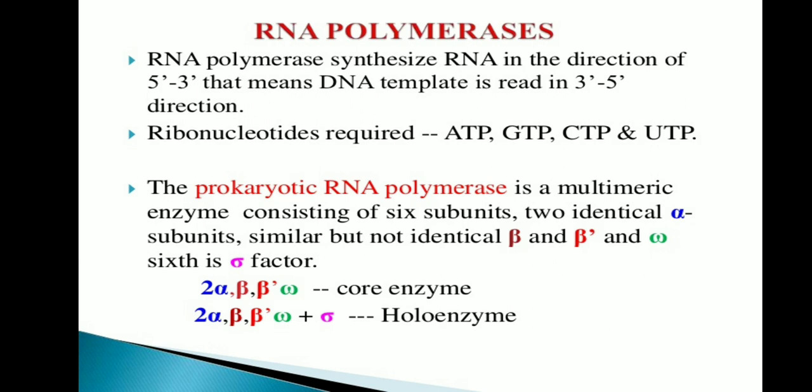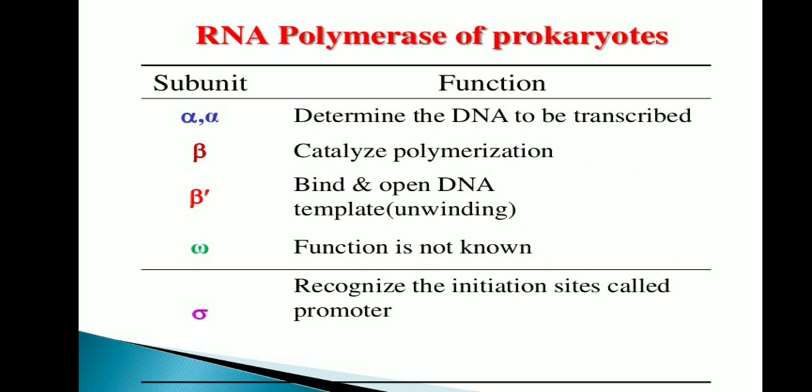Okay, so after the sigma has participated in the initiation, it leaves the core to carry on with the elongation process, right? So here you have seen the different subunits and what their functions are. The 2 alpha subunits determine the DNA which is to be transcribed.